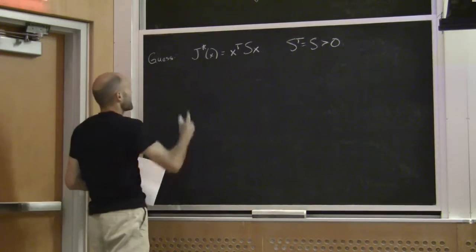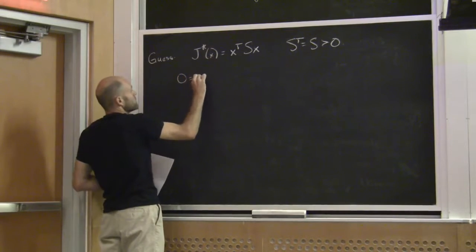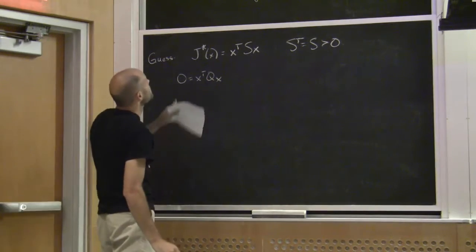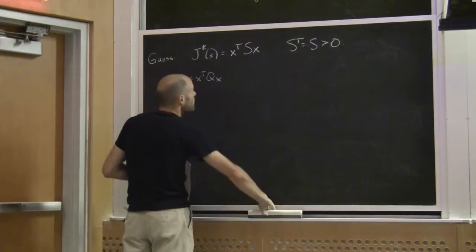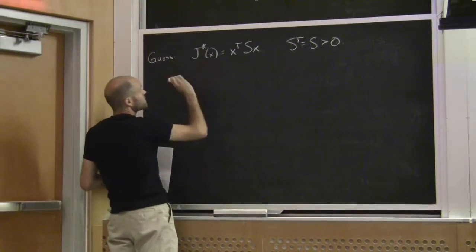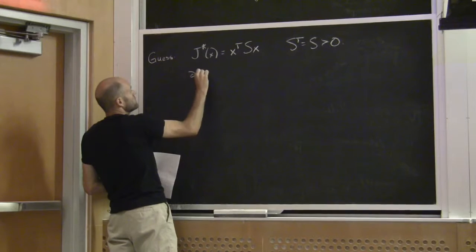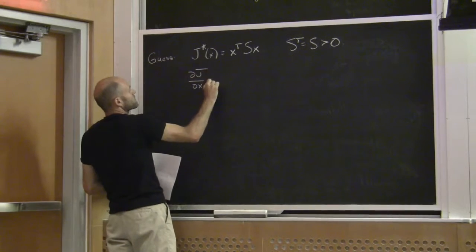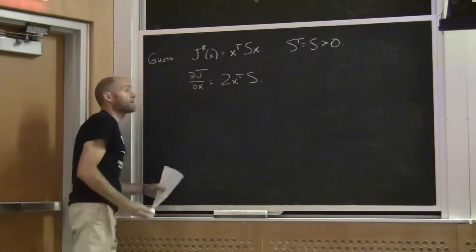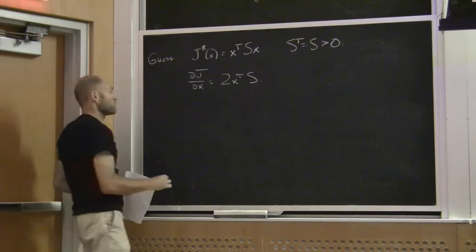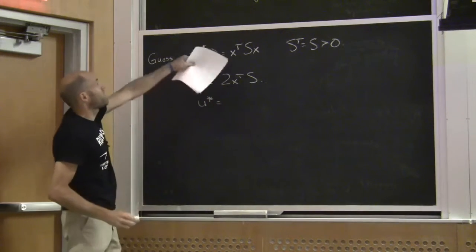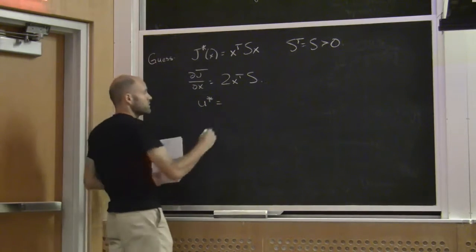So then I'm left with much more manageable equations. First of all, we can write the optimal controller down, right? Partial J partial x is now going to be 2x transpose S. U star, certainly this is control affine, so the result I gave a minute ago will work.